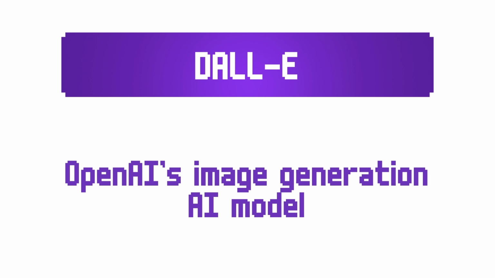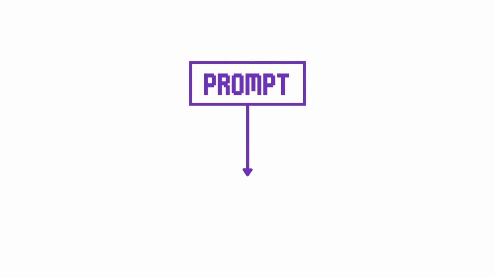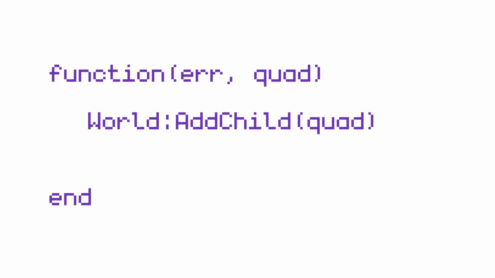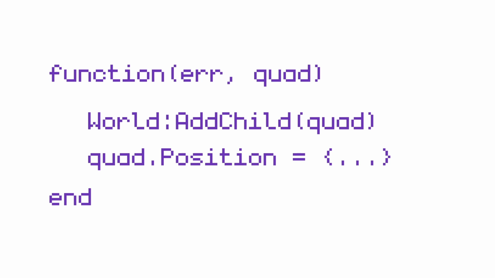So again, we simply need to pass it a prompt, and it will eventually give us back a quad with the image generated by the AI pasted on as a texture. Meaning that in the callback function of a call, we can simply use this new 3D object and add it somewhere in our scene. And we'll directly have an AI-generated image inside our Cubzh game.